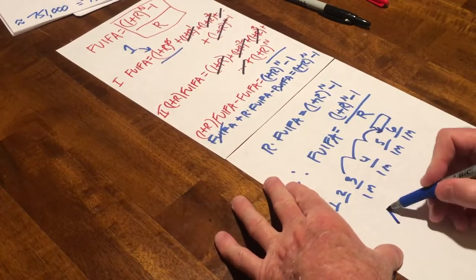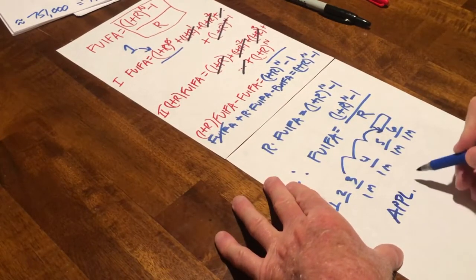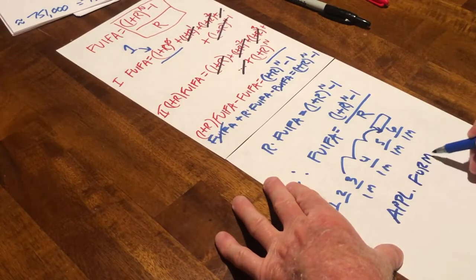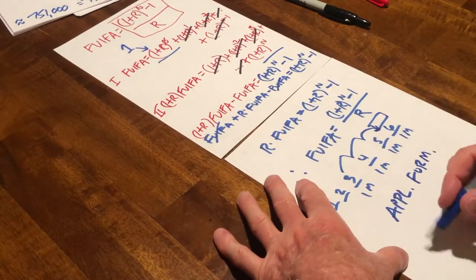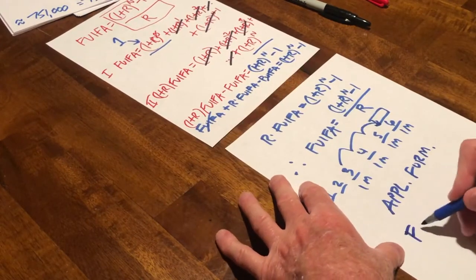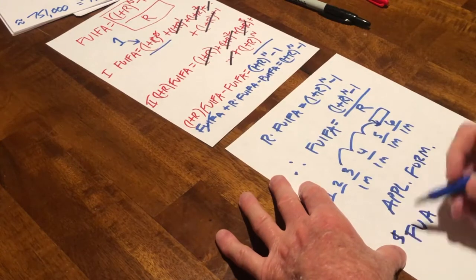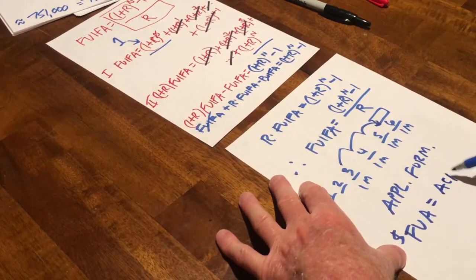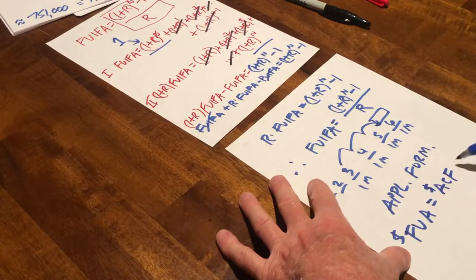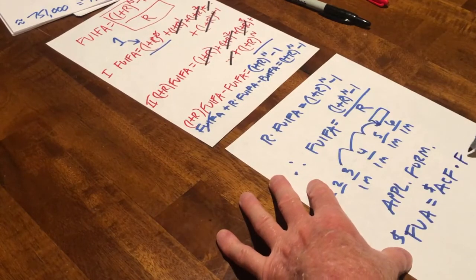So again, this is the application formula for FVIFA. And this is future value of an annuity measured in dollars is equal to annuity cash flow, also measured in dollars, multiplied by the future value interest factor for an annuity.